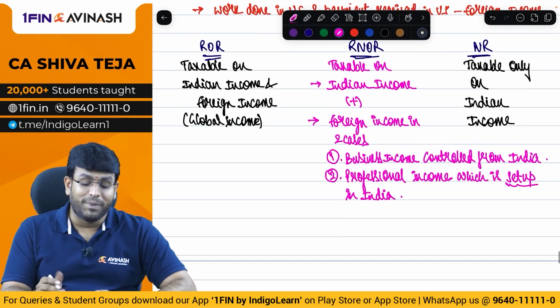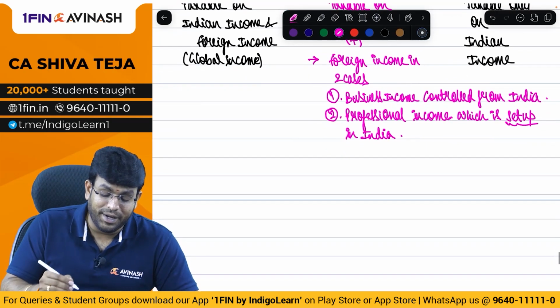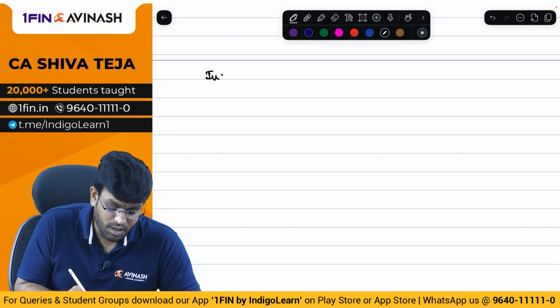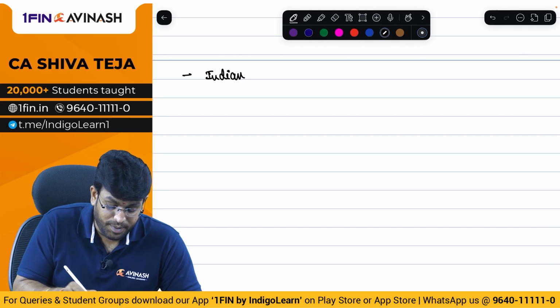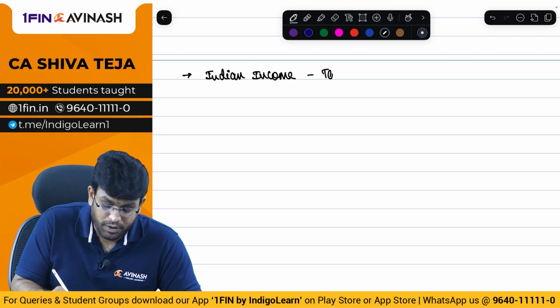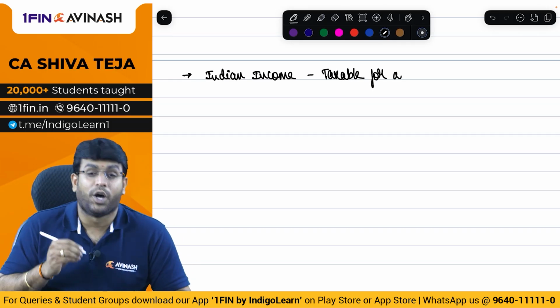So if you observe carefully, my dear friends, the other way round of writing this concept is, listen, if income is an Indian income, it is taxable for all.